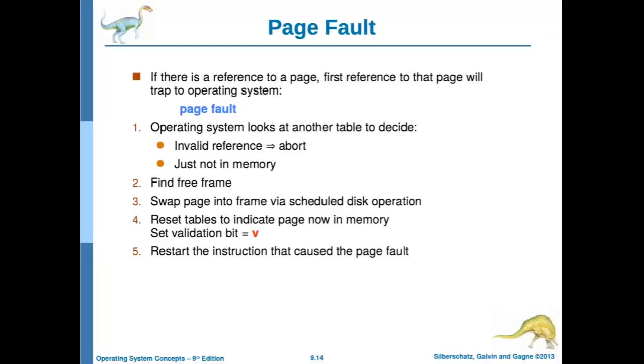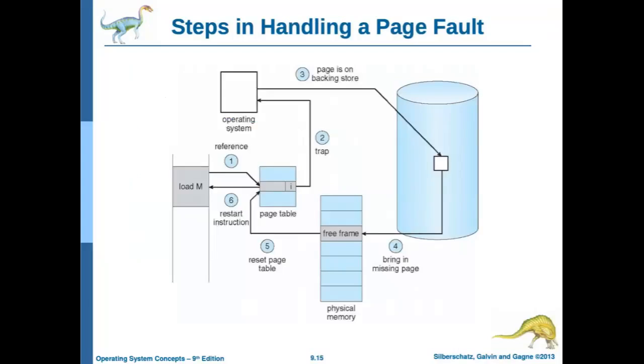Now there are 6 steps required for handling the page fault. So let us start. Suppose there is one instruction called Load M from my program. Load M means we want to load some memory location into the accumulator.